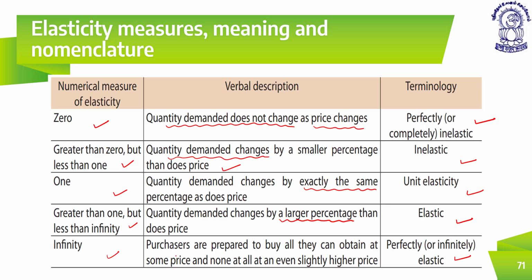And at infinity, purchasers are prepared to buy all they can obtain at some price, and none at all at an even slightly higher price. So either they will buy the whole or nothing. So this is elastic. I believe you must have understood till over here.